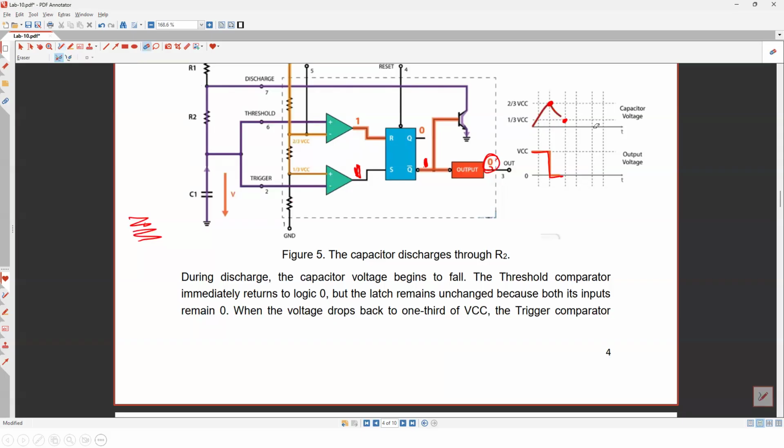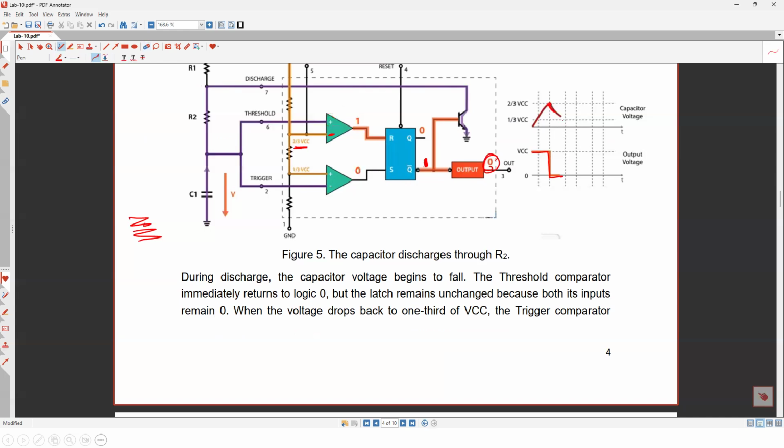But before I get to that, once it hits 2/3 VCC and just starts to decrease, this one is 0 and this one becomes 0 as well, which is no change. That's why no change will happen in the output. Why? Because this is 2/3 and now this input here is less than 2/3. Okay, once this discharging happens.